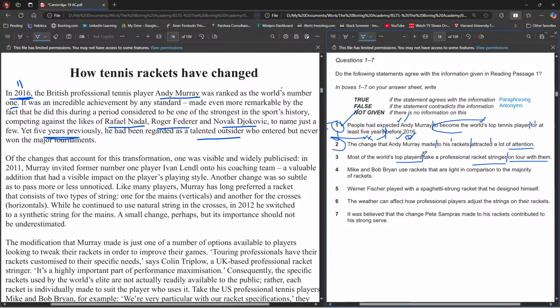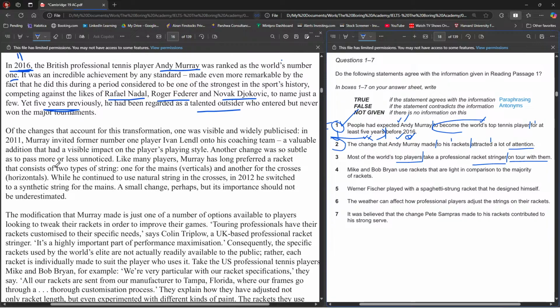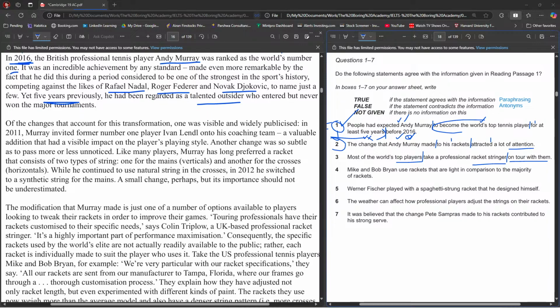The change that Andy Murray made to his rackets attracted a lot of attention. Is it true? Let's see. Of the changes that accounts for, can you please read this one?